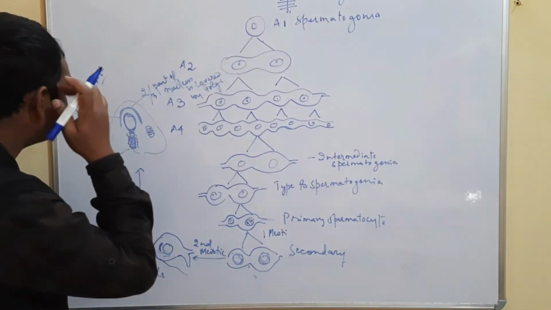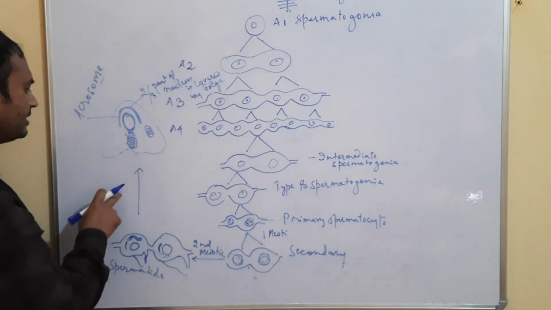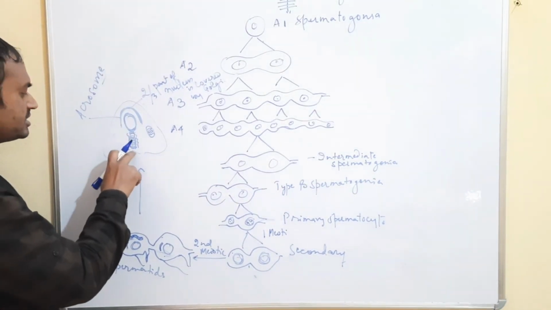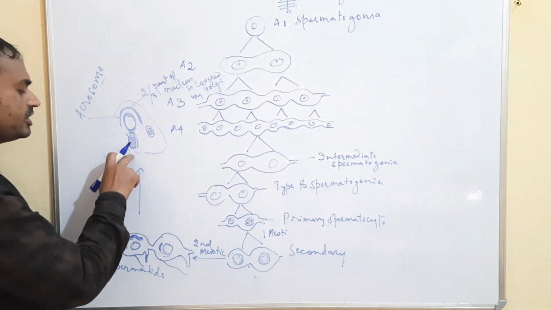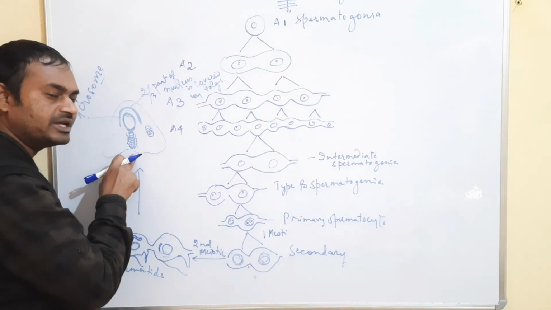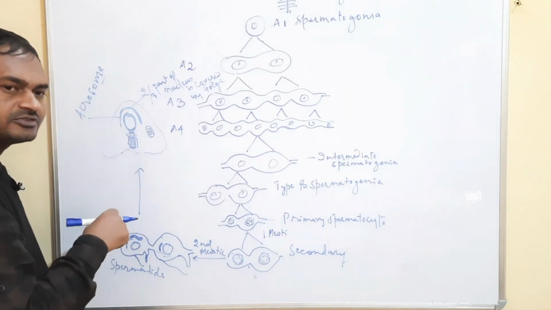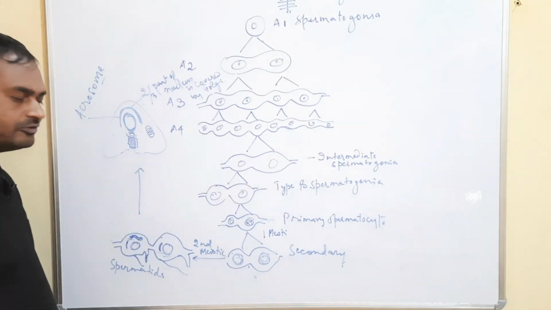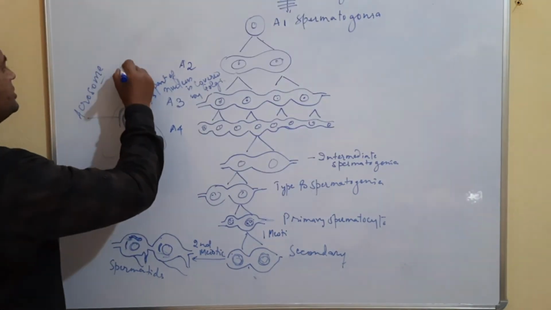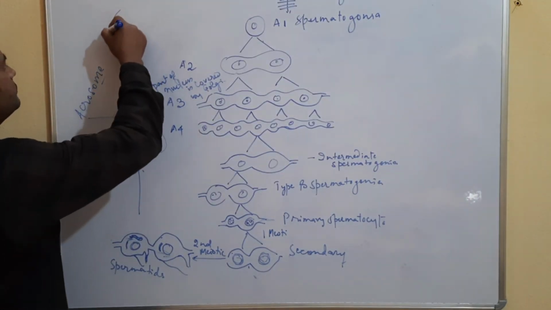After that, the distal part of the centriole, the extension of the tubule of the centriole to the distal region, will lead to the formation of the tail. So let us understand with another photograph.